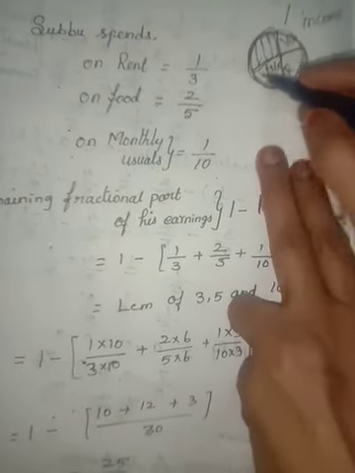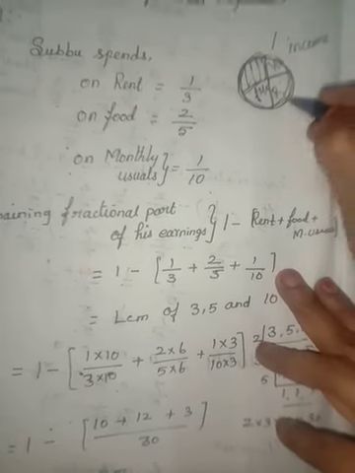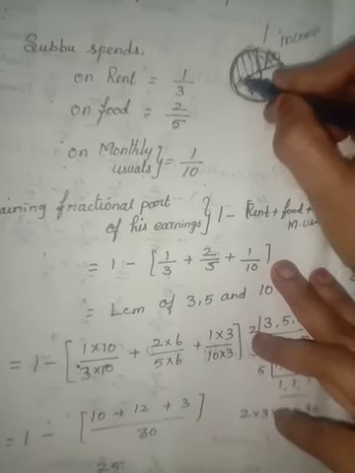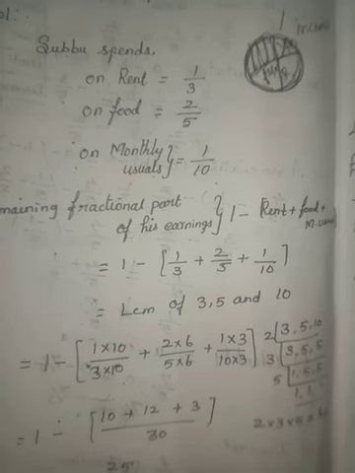He spent on food 2/5, on rent 1/3, and monthly usuals 1/10. What is the remaining fractional part they are asking? The whole part is income.